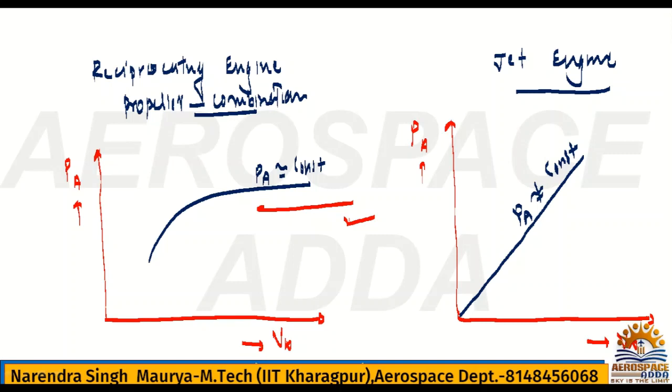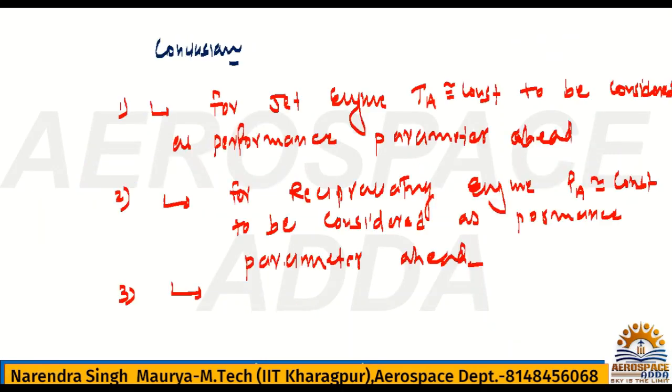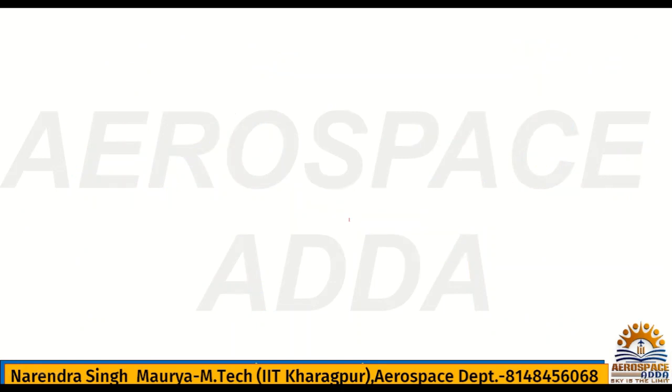Alright, now this one is clear, so no need to write the third point. It's a common one. So this is all about power available. If I say power available, then you need to say, okay, we are going to talk about the propeller driven engine. If I'm saying thrust, then it means it is a jet engine.